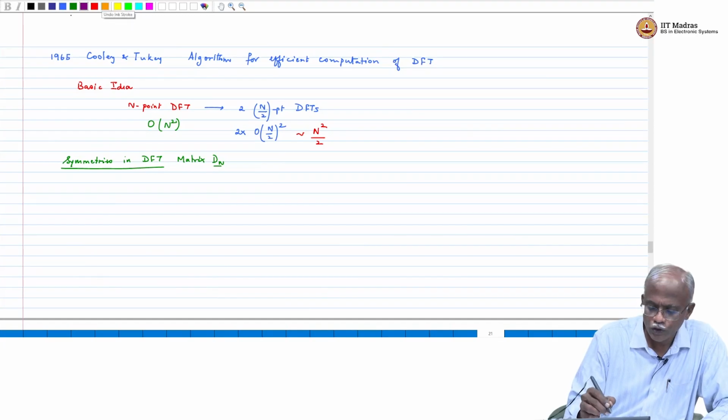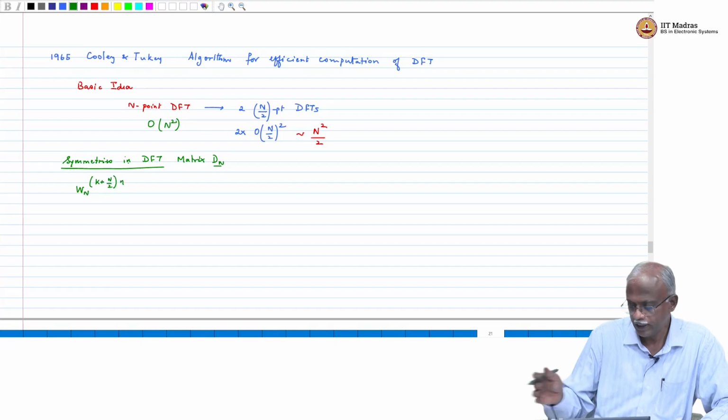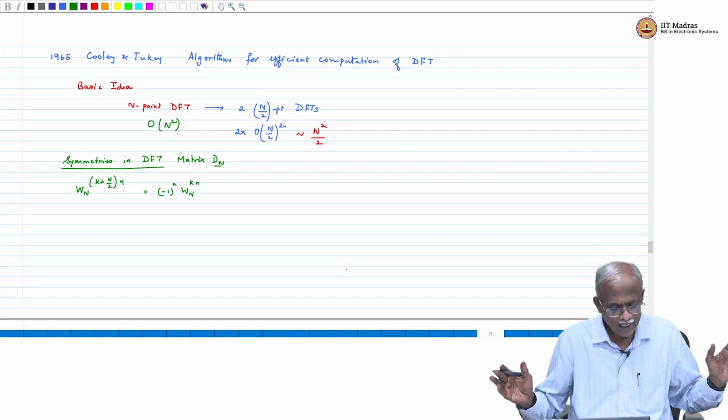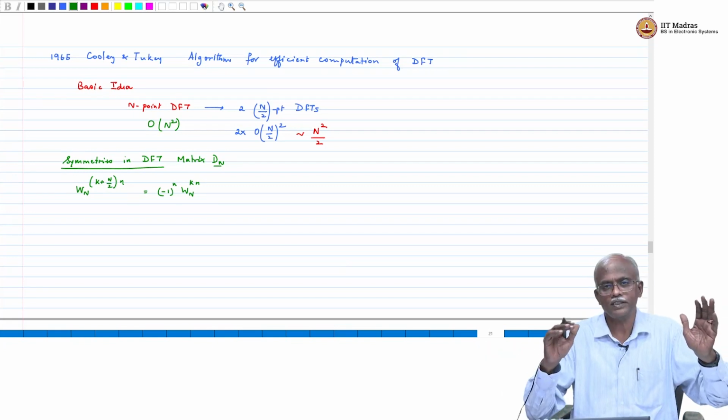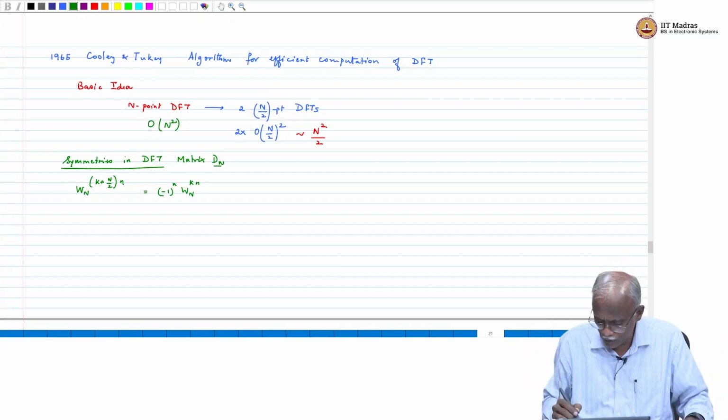When you have the relationship W_n^(k + n/2) times n, this will come in the computation. This is nothing but minus 1 raised to the power n times W_n^(kn). And like that, there are many symmetries through conjugation, which you can verify through substitution.